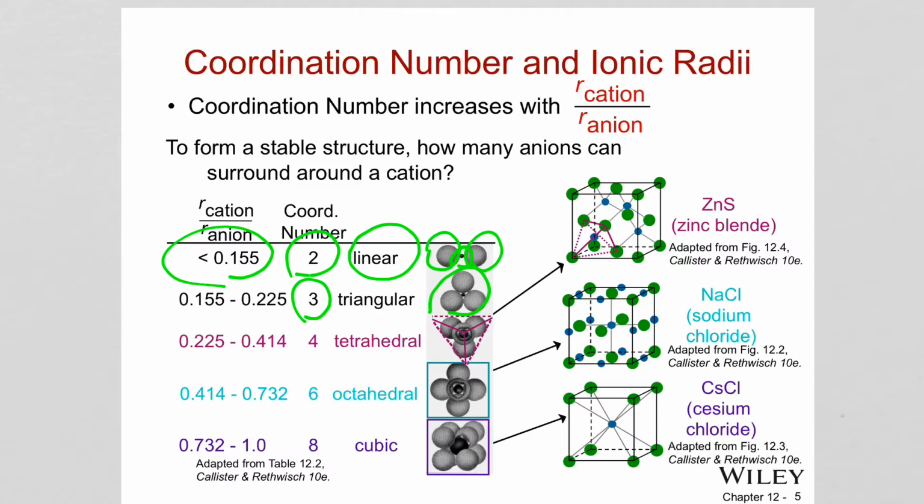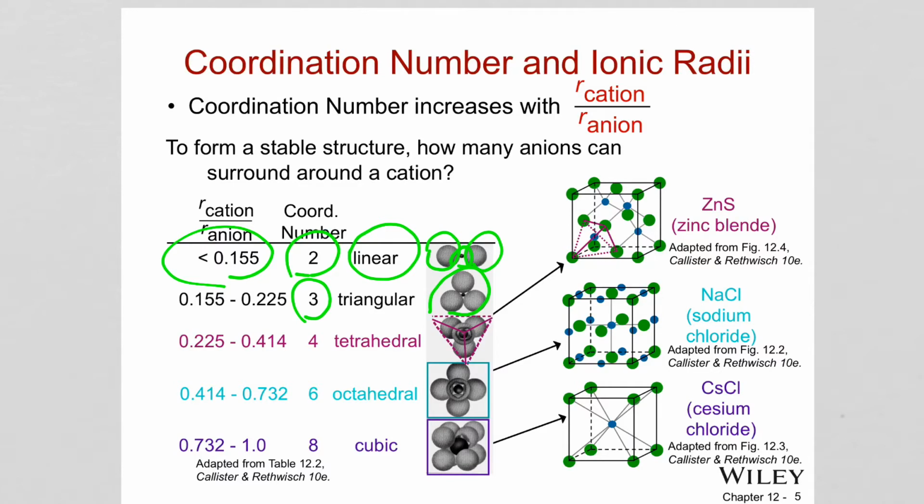The coordination number is 3, as I said. The ratio is in between 0.155 to 0.225. So you see the amount of neighbors is affected by this ratio, the sizes, atomic radii, ionic radii.